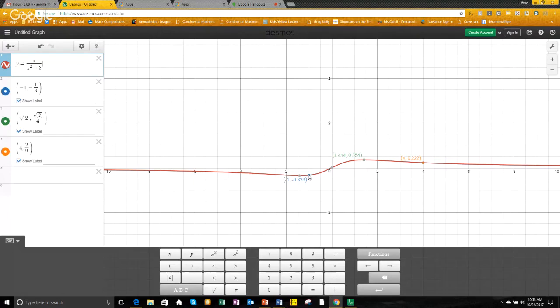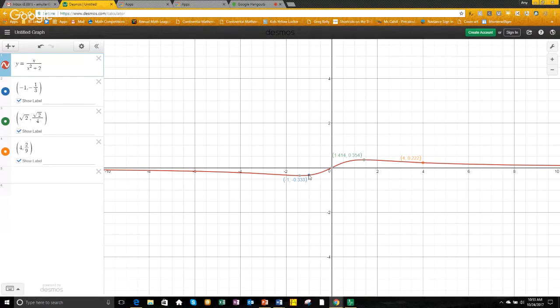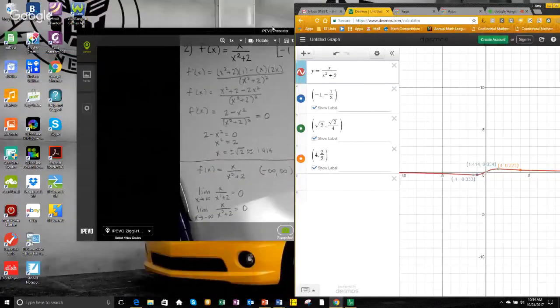And this point here, where's the absolute minimum? Right here, which is negative 1.414 and negative 0.354. So this is the absolute max now, and this is the absolute min, and the end behavior shows you that there can't be any other extrema for that function.